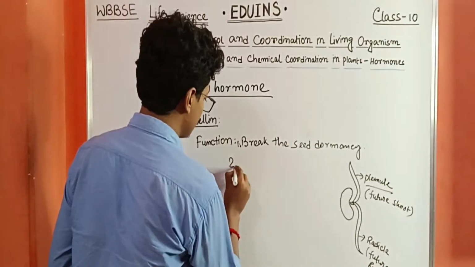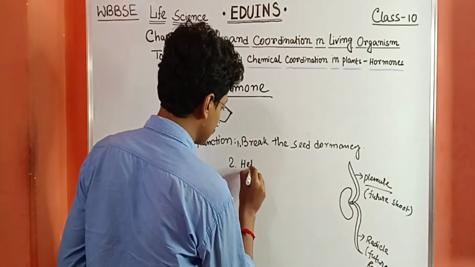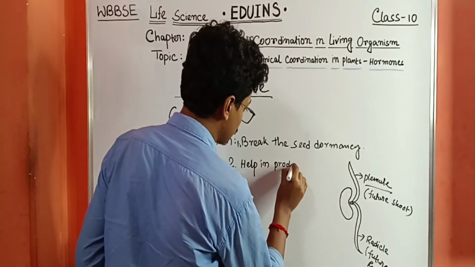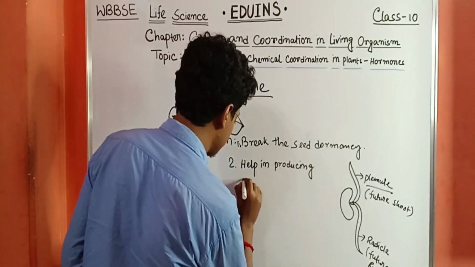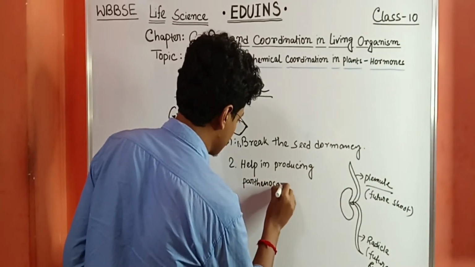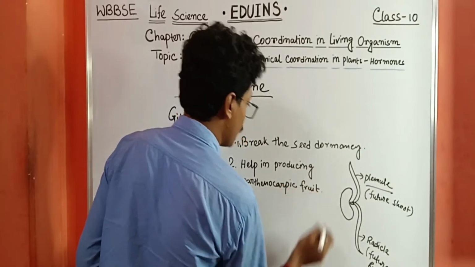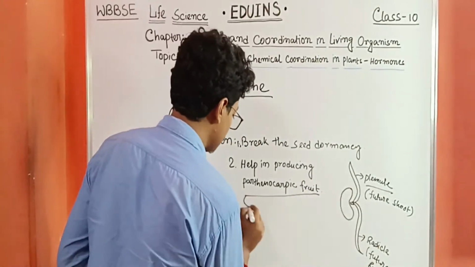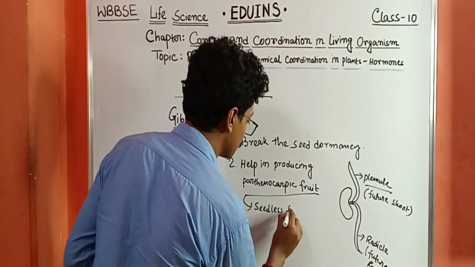Number two, one important function, that is help in producing parthenocarpic fruit. What is parthenocarpic fruit? Nowadays, we observe seedless fruit.